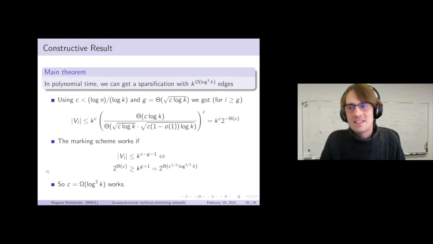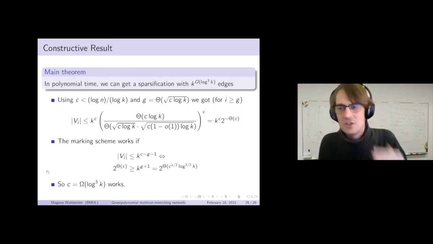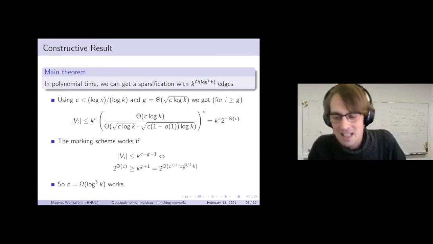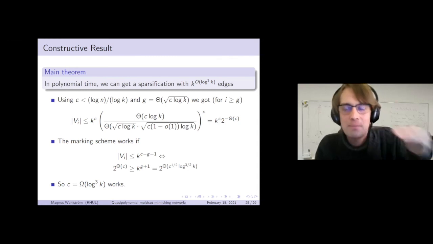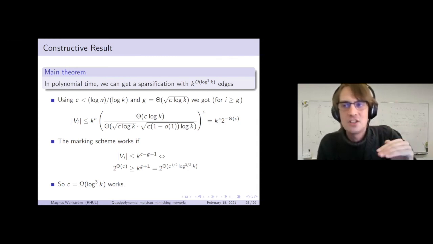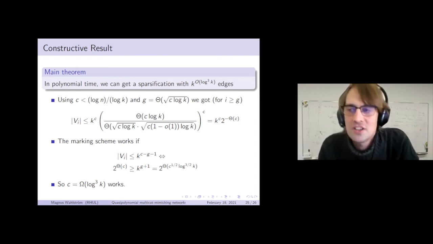So you run the scheme up to some cutoff point at k to the log cubed k edges. At that point you stop trying, but up until that point you will always manage to mark all vertices in the tail components, because you can't have too many vertices in that part of the graph.